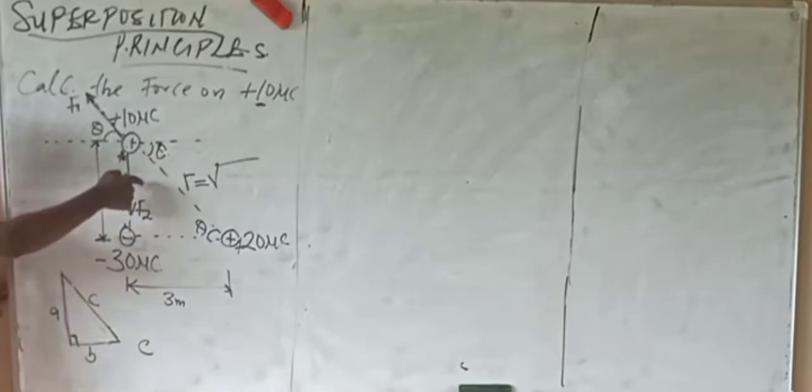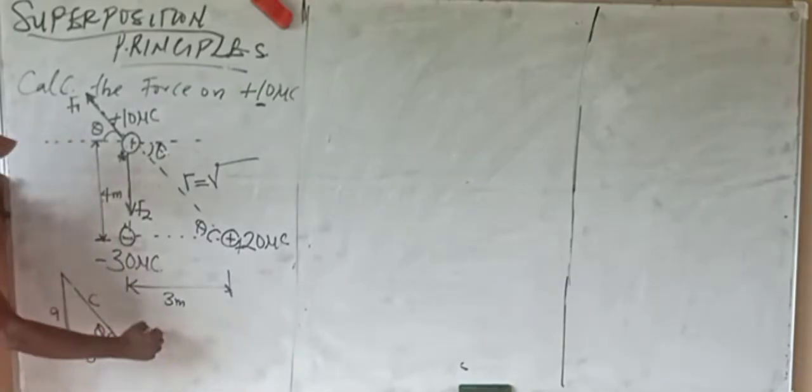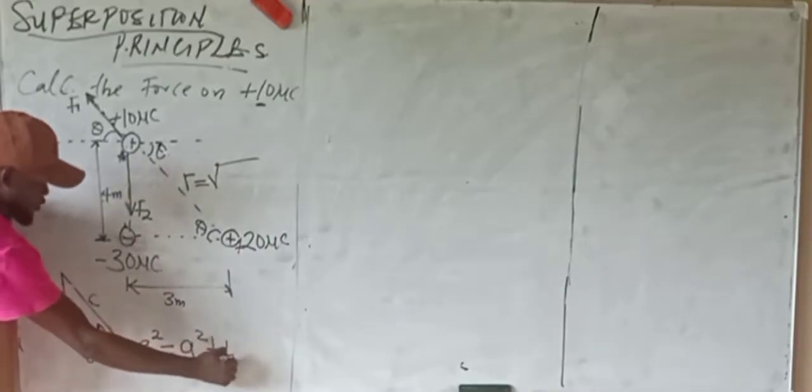So let me draw the same shape here. Theta will be in this place. If you square the hypotenuse, it will be equal to the sum of the squares of the other two sides.